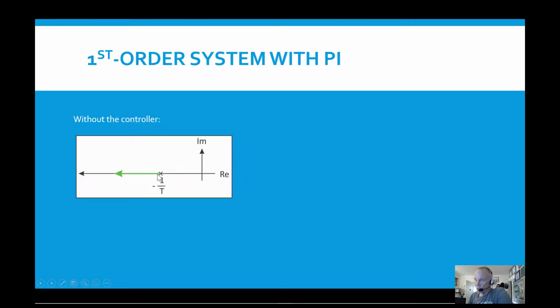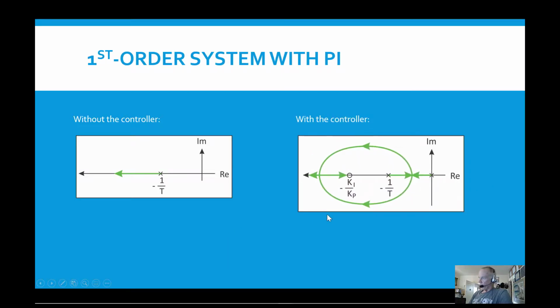If I put a P-only controller in there, I can move the closed loop pole along the root locus. But what I've done when I've added a pole at the origin and a 0 out here is I've changed the shape of the root locus altogether. This could be good or it could be bad, okay? But the point is that if we had a P-only controller, we could not change the structure of the root locus, but with a PI controller we can, and we do.